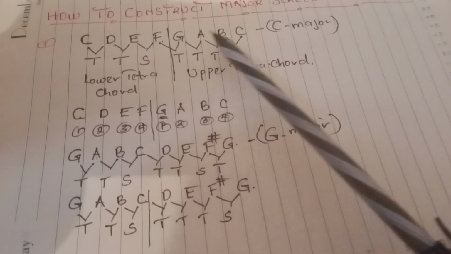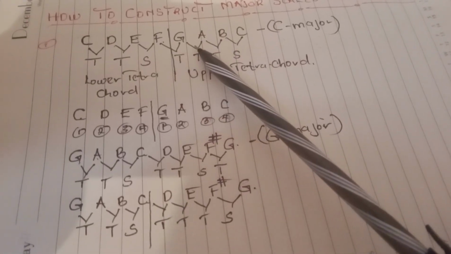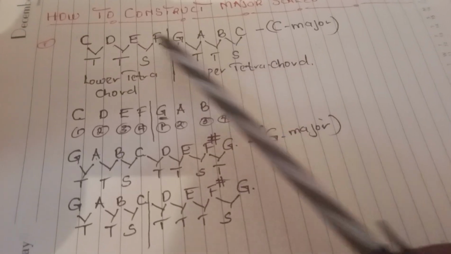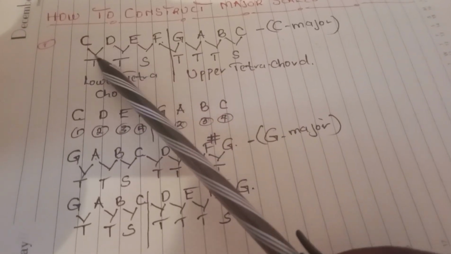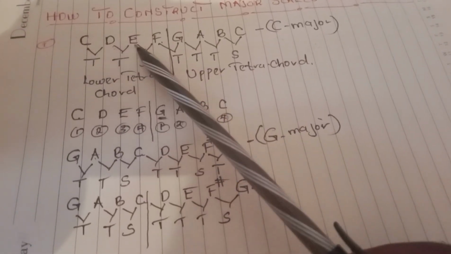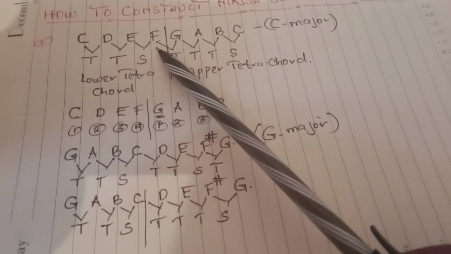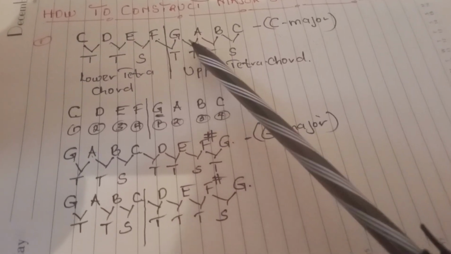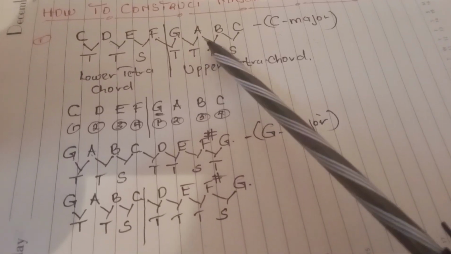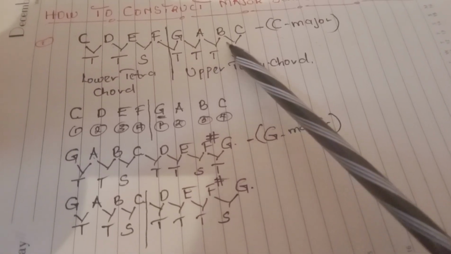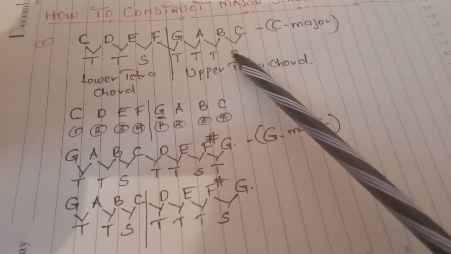This scale doesn't have any accidental, that is sharp or flat. From C to D we have a tone, D to E it's a full tone, EF it's a semitone, then FG it's a tone, GA it's a tone, AB it's also a tone, then BC it's a semitone.